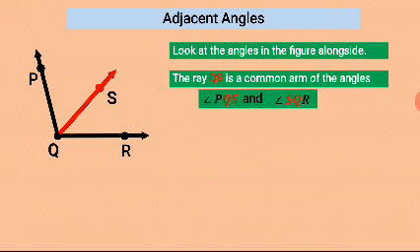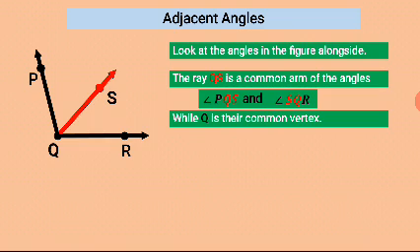See carefully. In this figure, there is one proper angle PQR. In this interior portion, we draw ray QS, and this ray is a common ray of two different angles, PQS and SQR.